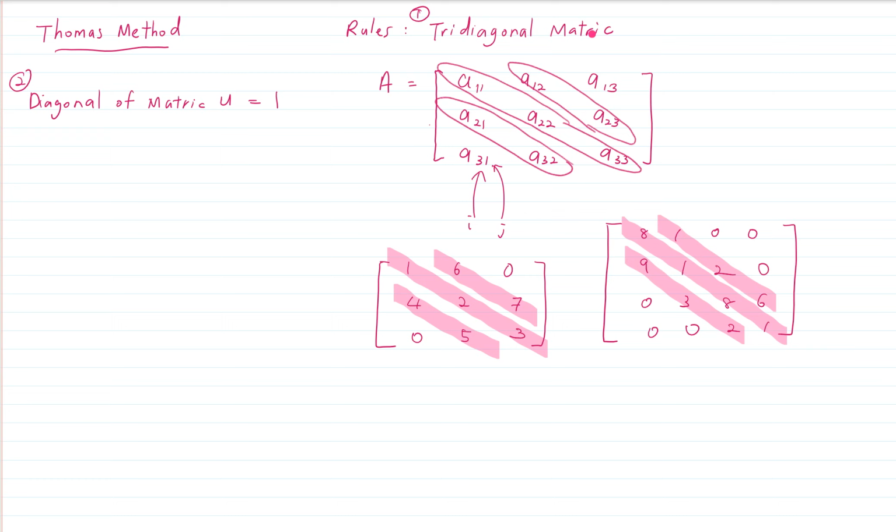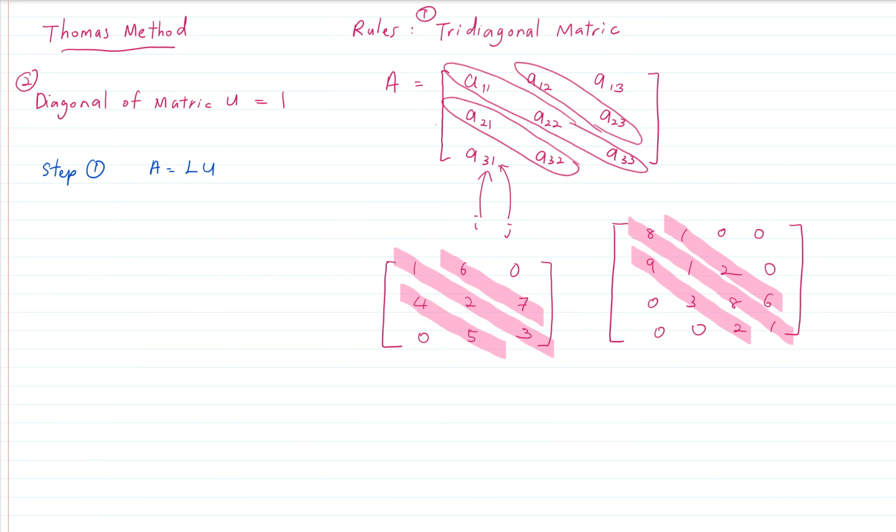So how to solve it? We go back to the standard operating procedure for the LU factorization method. Let's rewrite the steps. Step 1 is A equals LU.